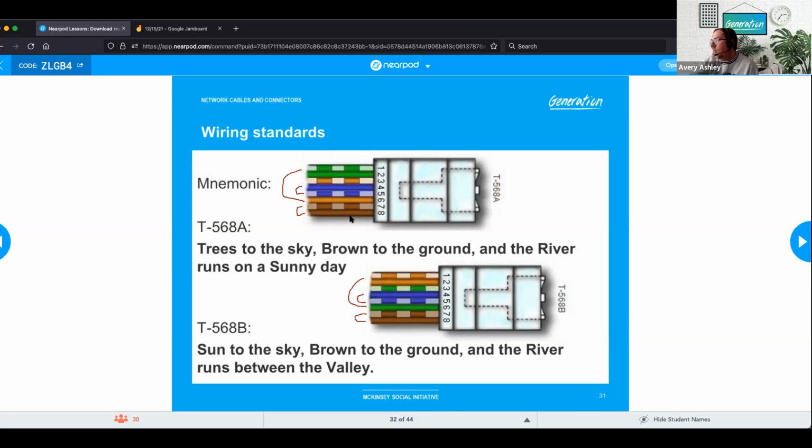So white orange, orange, white green, blue, white blue, green, white brown, brown. Once you've got that memorized, you're only going to switch your orange and your green for the other one. And that's it.